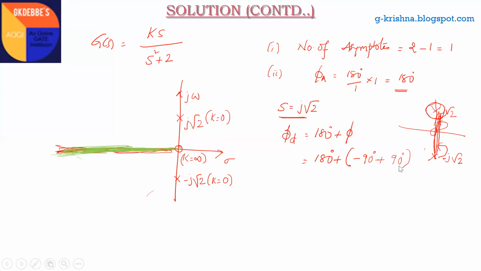That is phi: the angles from the remaining pole and zero to this imaginary root are 90 degrees each. The pole is given a negative sign since it lies in the denominator, and the zero lies in the numerator, so that angle is positive, plus 90. Hence, the total angle of departure of the imaginary root is plus 180 degrees.